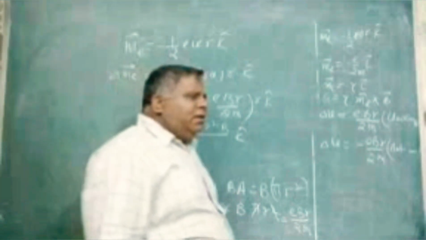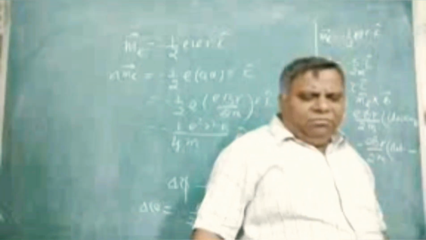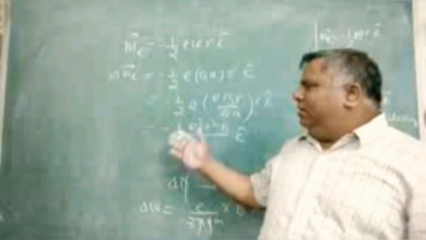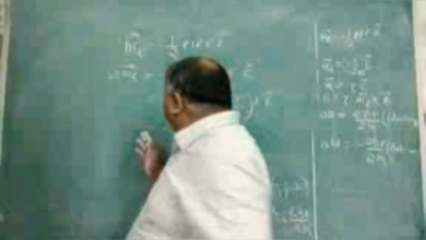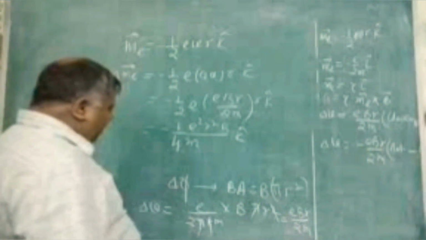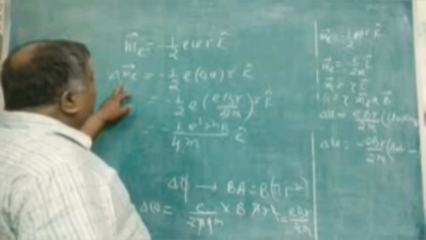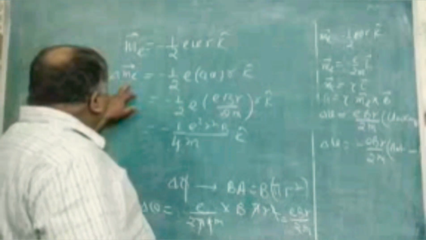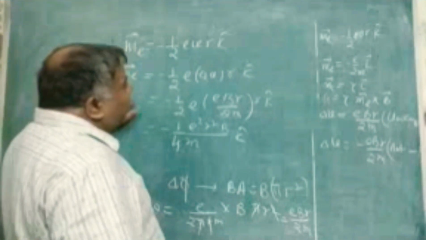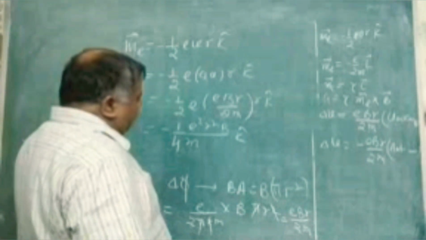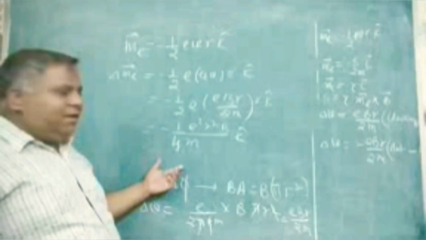When we place an atom, that is diamagnetic atom, in a magnetic field, there is a change in magnetic moment of an electron, and this is given by this.